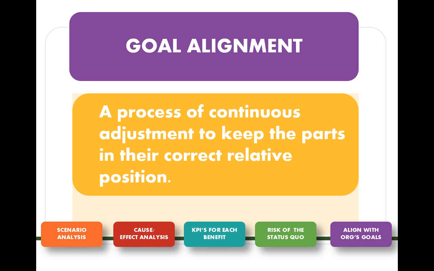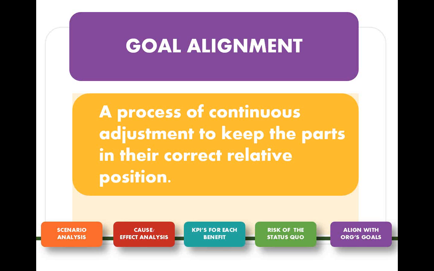Alignment is something much different. I want you to think about alignment this way. Alignment is a process of continuous adjustment to keep the relative parts of your organization in their correct relative position. Alignment is highly interactive. Alignment is something you're doing all the time. You're adjusting, you're evaluating. Going back, remember those key performance indicators?